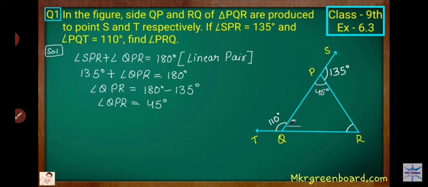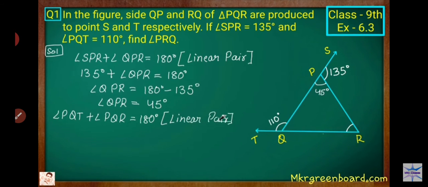Now let's find this angle Q. See, this line PQR is again a straight line, so PQT plus PQR is equal to 180 because they are a linear pair. PQT is given, that is 110, plus PQR is equal to 180 degrees.